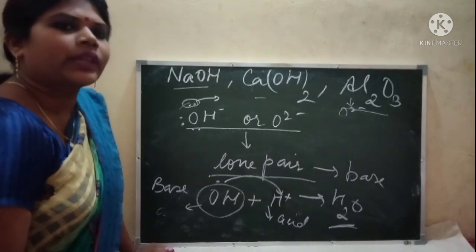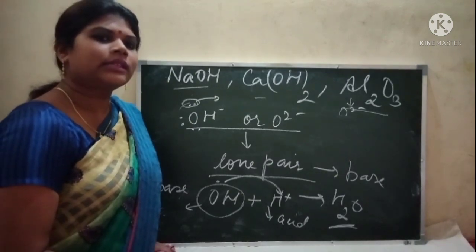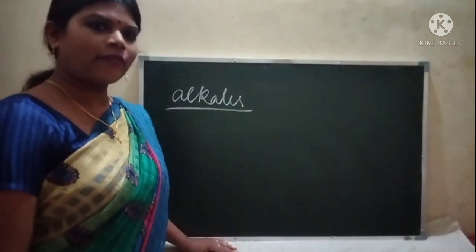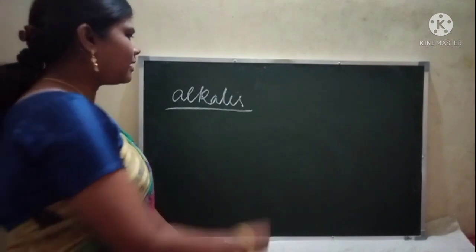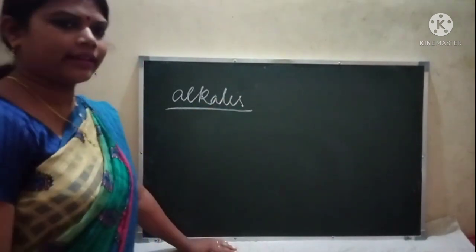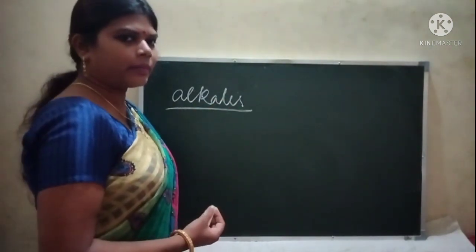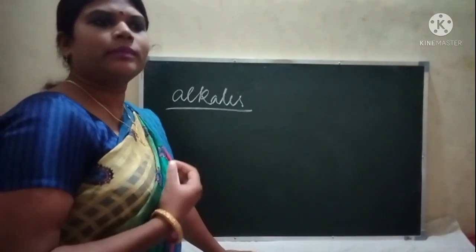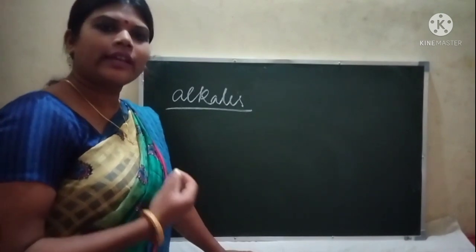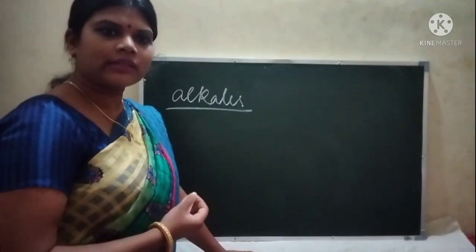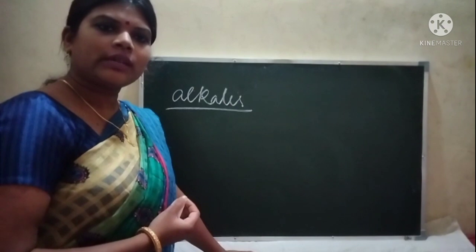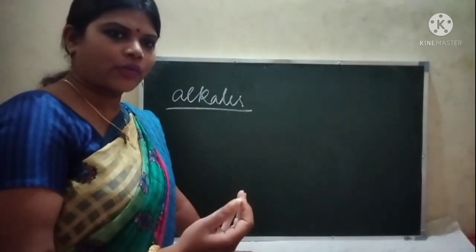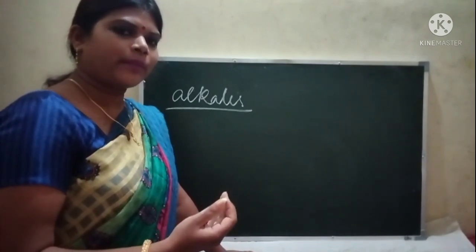Now we will see alkalis. The next topic we have to study in bases is alkalis. We have already seen that bases are those substances which give hydroxyl ion, OH- ion, in an aqueous medium or donate a pair of electrons.